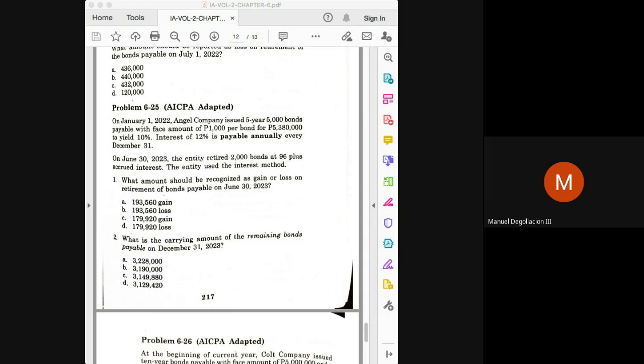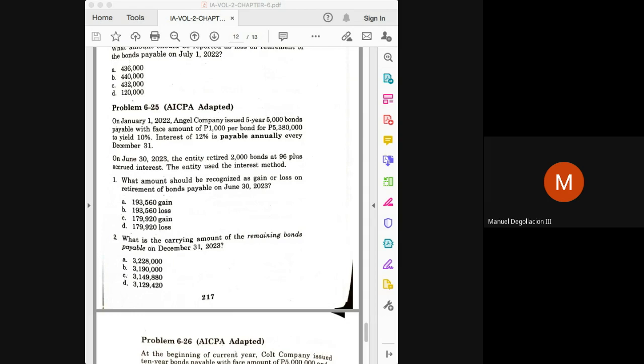Deduct the amortization of 13,640 from the premium of 127,200. The remaining premium on this portion will just be 113,560. Okay, and this will now lead us to the carrying amount of the portion of the bonds that were retired by the middle of 2023.